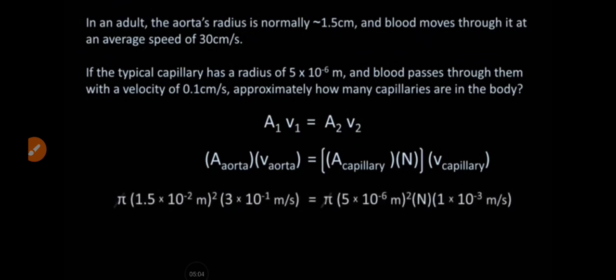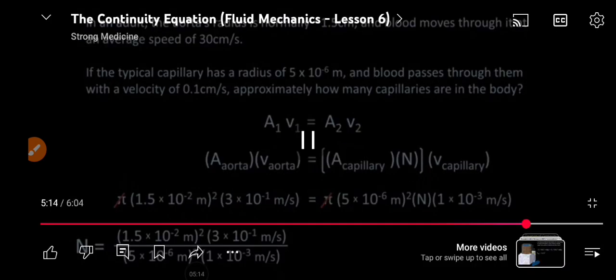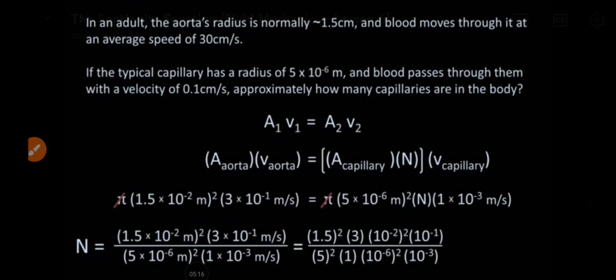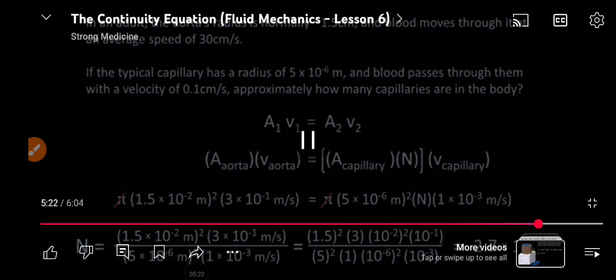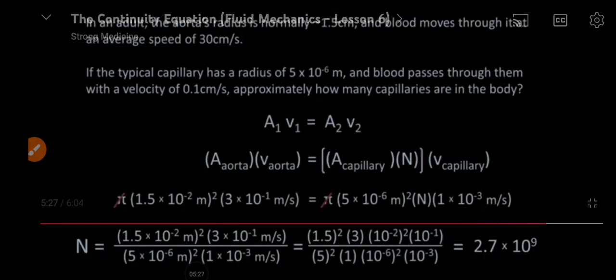Pi cancels out, and solve for n. To make the arithmetic just a little more manageable, we can distribute the second power and rearrange terms. And with the help of a calculator, we determine that there are approximately 2.7 times 10 to the ninth capillaries in the body.